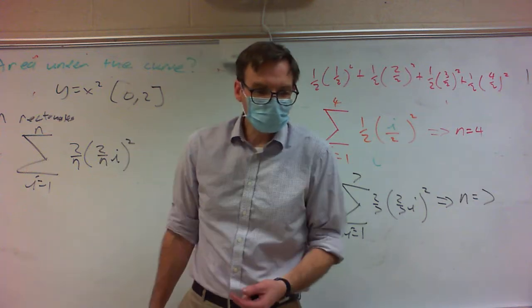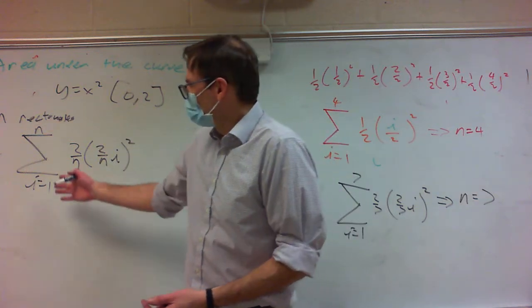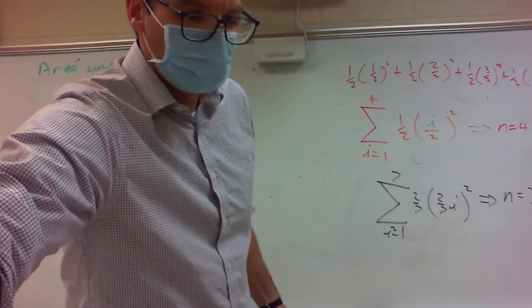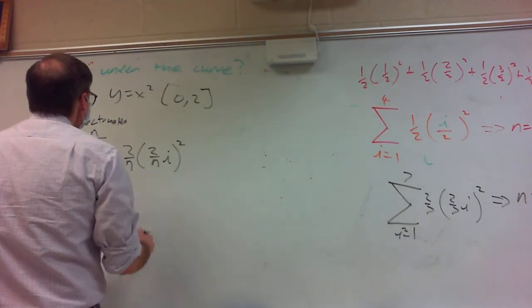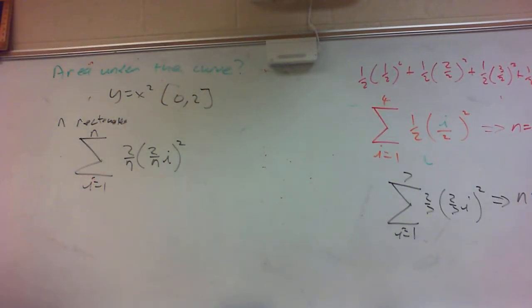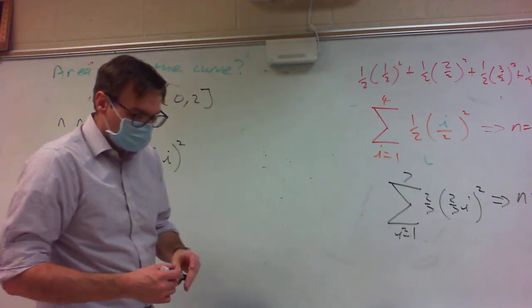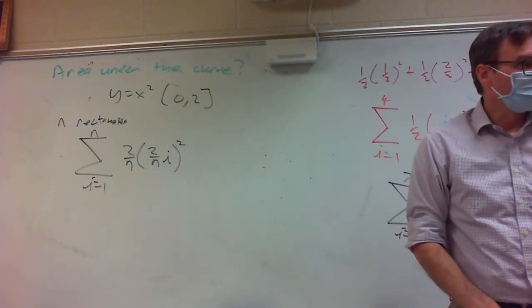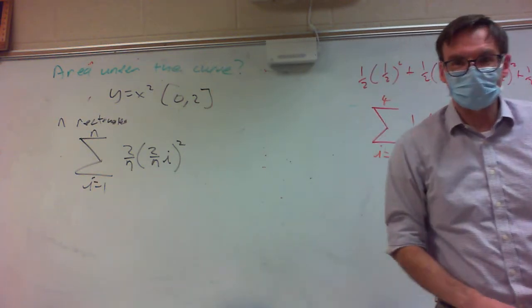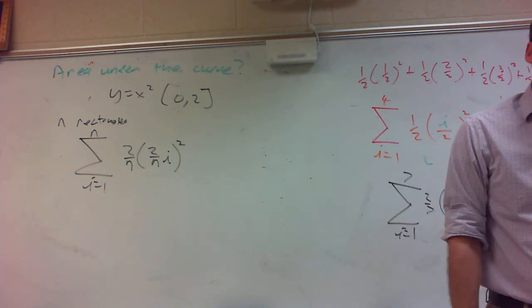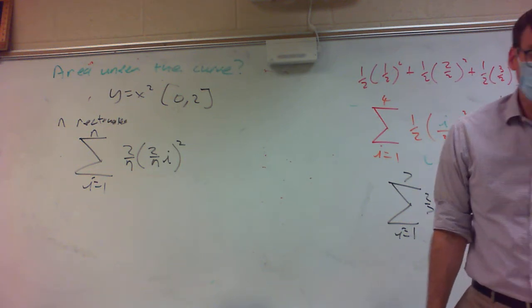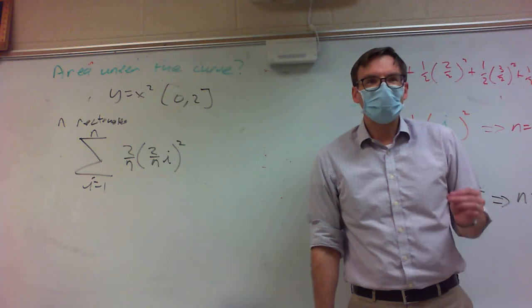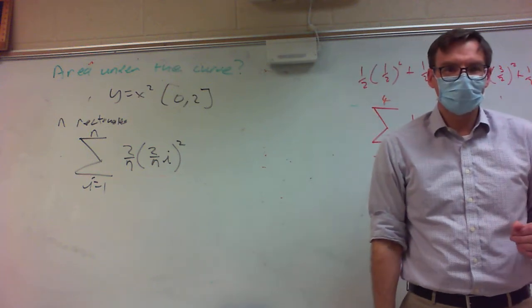Now what's the significance of having n rectangles? I mean, actually it's kind of neat, right? If I want to know, well, what's my area, how can I approximate the area if I wanted 100? Well, I just replace the n with 100, right? What if I want 1,000? I replace the n with 1,000, right? What if I wanted the exact area? How many rectangles would we need?